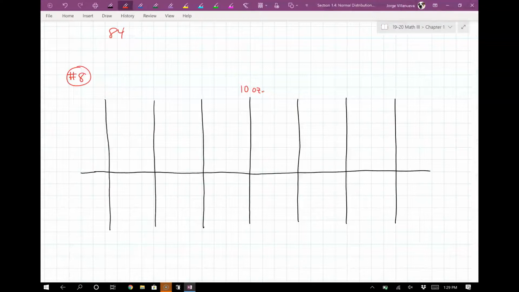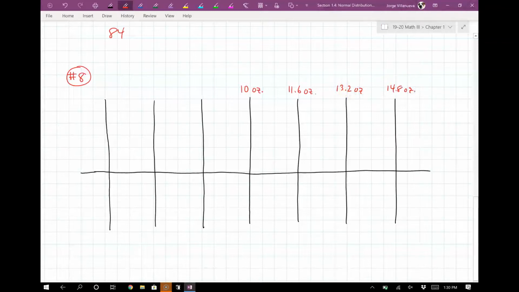All right, well, to get the next line to the right, I'm just going to add a standard deviation. So 10 plus 1.6 is 11.6 ounces. Now, to get the next 2 lines, I'm just going to add 1.6 again. So this would be 13.2 ounces and 14.8 ounces.